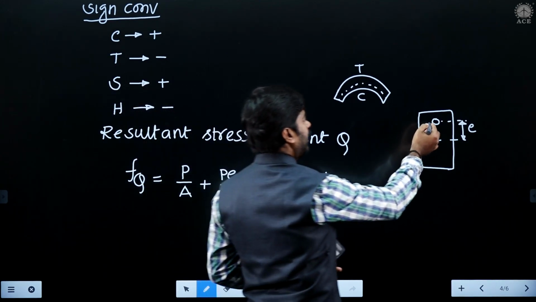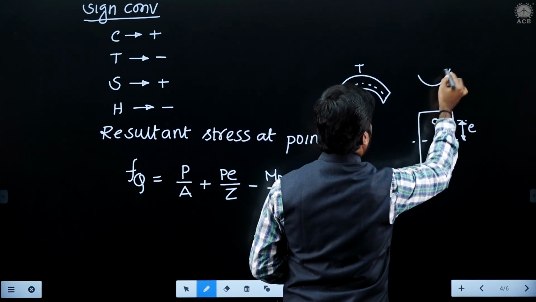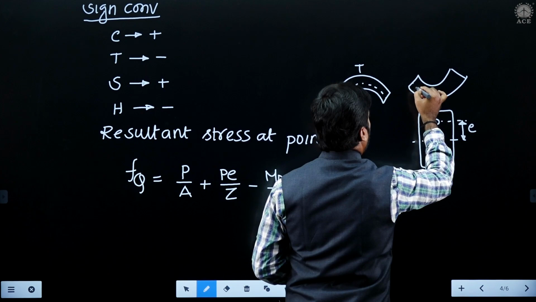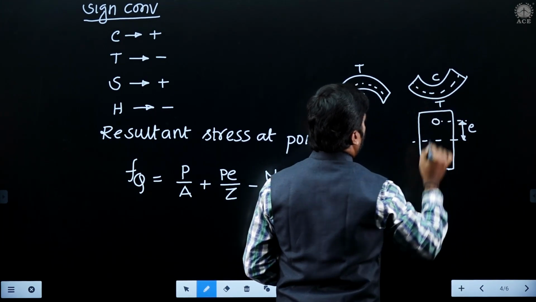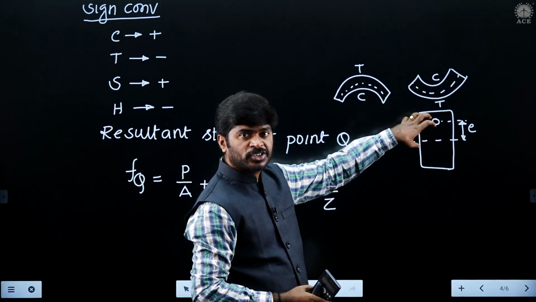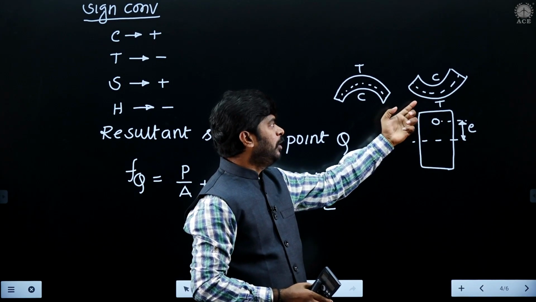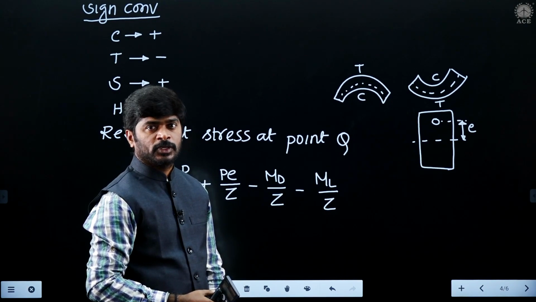Coming to this tendon, it is going to create sagging curvature. We want at the top fiber, so top fiber is compression, bottom fiber is tension. Due to this pre-stressing tendon, the curvature of the beam will be sagging in nature, right?